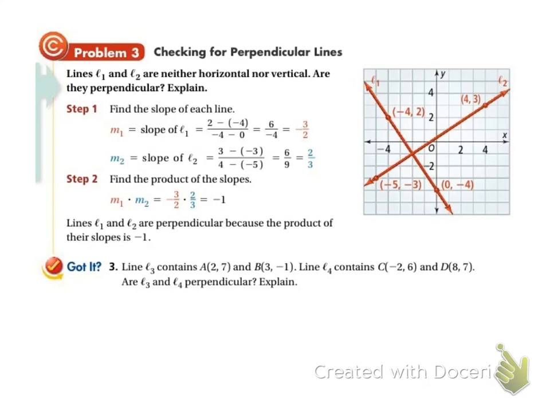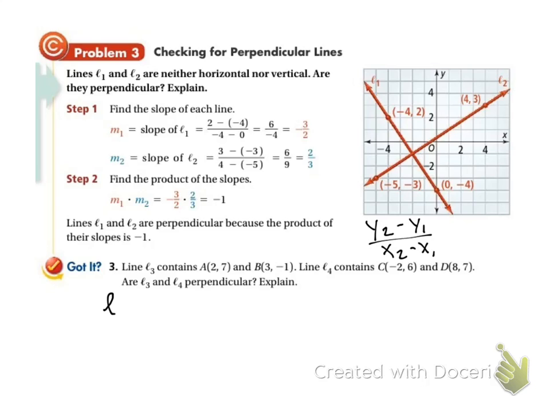Okay, so same as how we checked for if lines were parallel, I'm going to find their slopes. This time their slopes aren't going to match up. They're going to be opposite reciprocals, or in other words, they're going to multiply to -1. So let's just do our got it problem down here. Again, if you need your equation, remember it's y2 minus y1 over x2 minus x1.